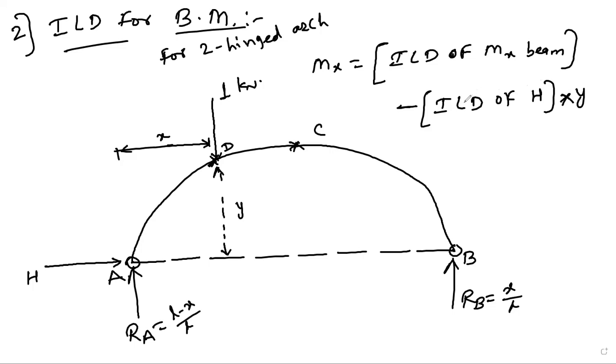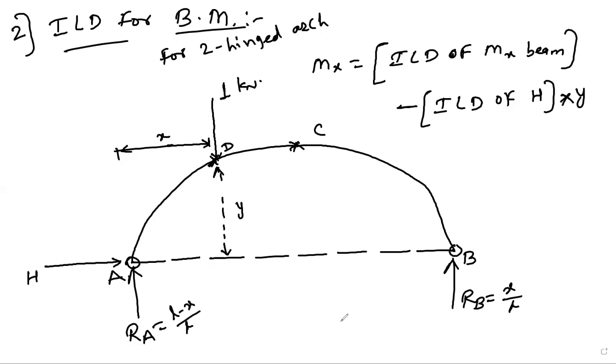So now we have to draw the ILD for moment about any section, that is x, which is equal to ILD of Mx of beam, that is that section, minus ILD of horizontal thrust into y.